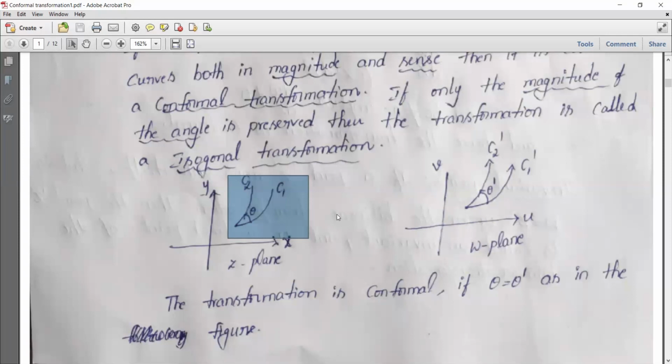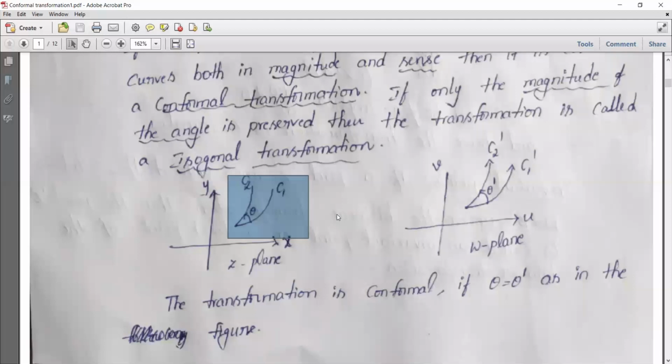That means we transformed the C1, C2 curves into C1 dash, C2 dash curves in the W plane. Now, some transformation happened. For the diagram in the Z plane, we got some other diagram in the W plane.